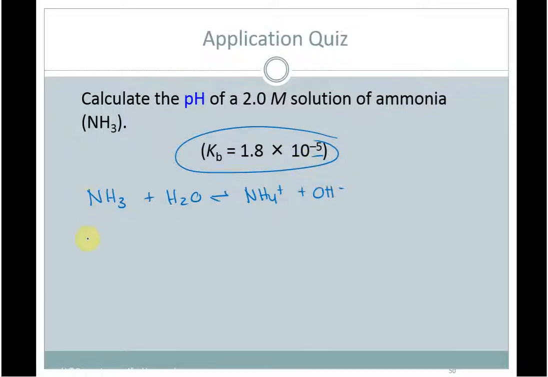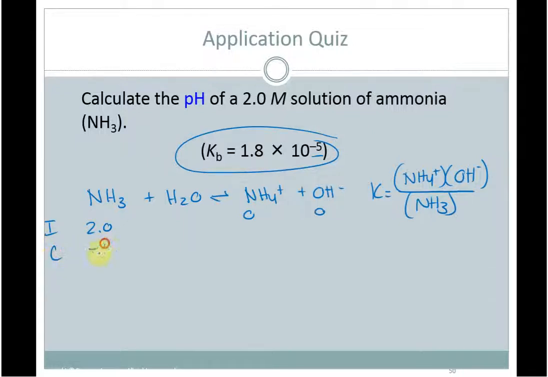Now, we know that the equilibrium expression for this is ammonium times hydroxide over ammonia. We have 2 molar here, initially, 0 and 0. Our change is going to be minus x, plus x, plus x.